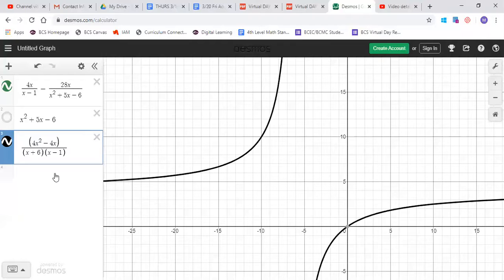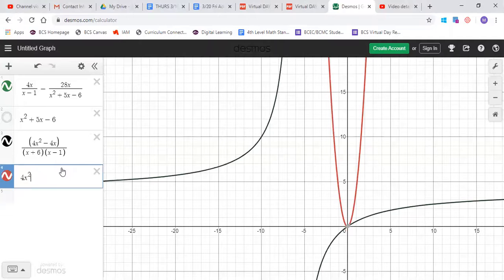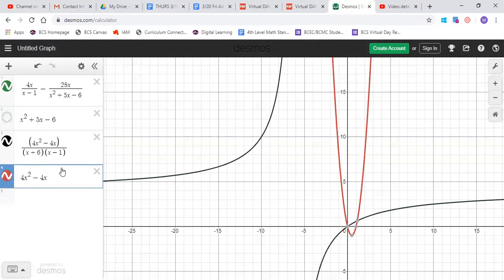Now, the only thing that I need to do at this point is make sure that it is fully simplified. So I'm going to take that 4x squared minus 4x and see if I can factor that real quick. I'm going to type in 4x squared minus 4x, and I'm going to find the roots, 0 and 1.